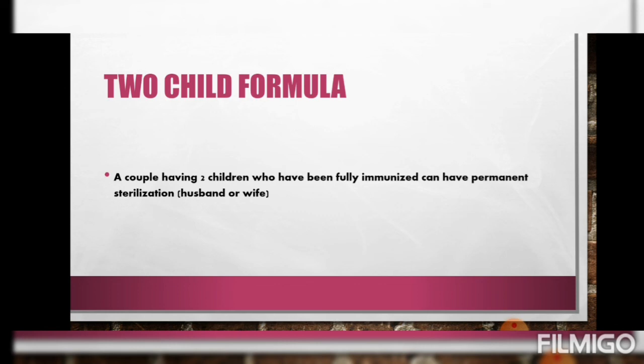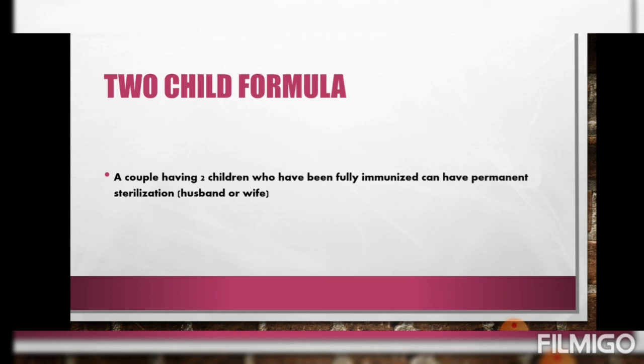So before giving that decision, you have to look at their background, and then give your decision as a physician or a doctor. But there was a rule formed, other than for the underprivileged, that those who are capable, who already have two or more than three children, can have this permanent sterilization.